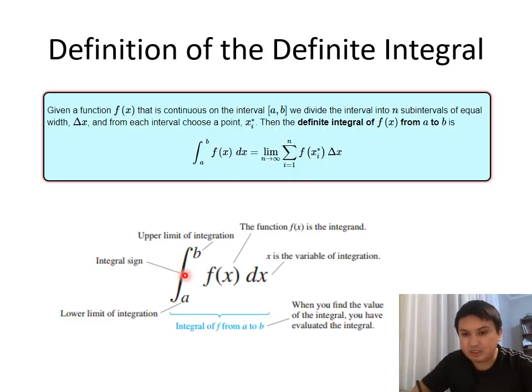Similarly, the integral is also an S-looking symbol, so you can remember that the integral is some version of summation. Then we have f(x), which is called the integrand, and then we have this dx, where x is the variable of integration.